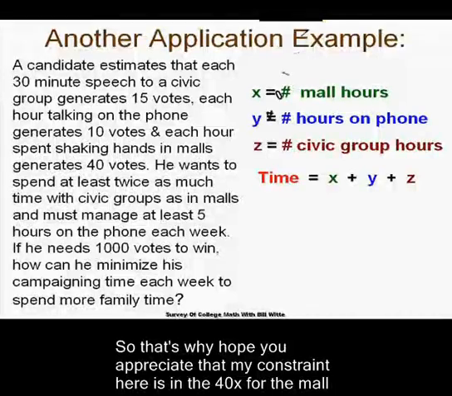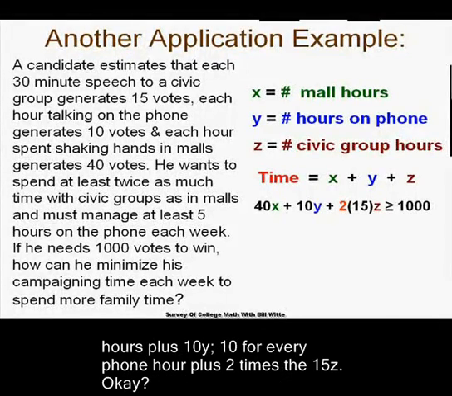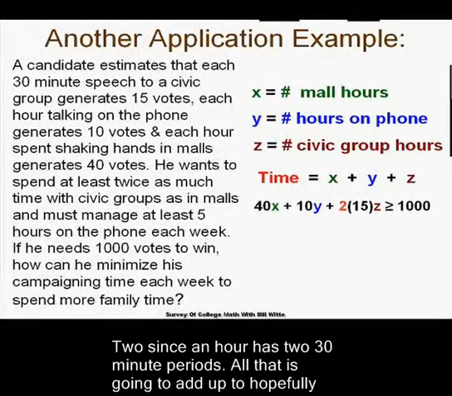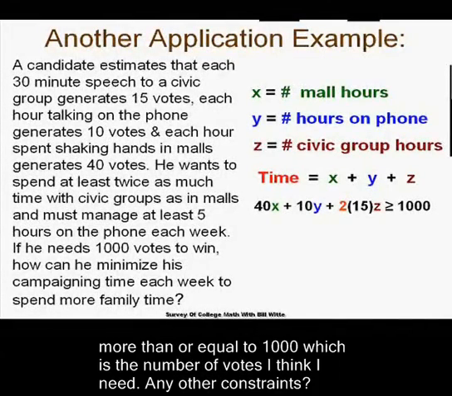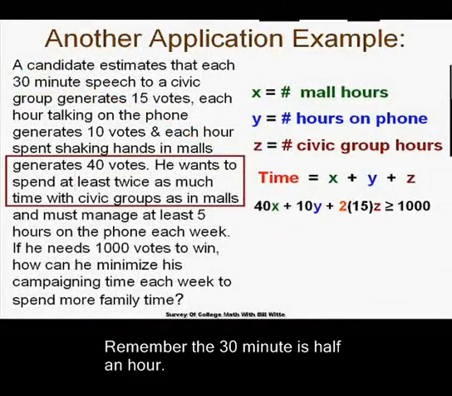So my constraint here is going to be 40x, 40 for every mall hour, plus 10y, 10 for every phone hour, plus 2 times the 15z, since an hour has 2 30-minute periods. And all that is going to add up to hopefully more than or equal to 1,000, which is the number of votes. Any other constraints?